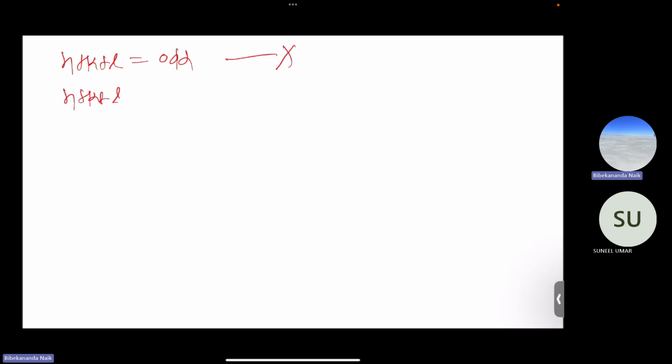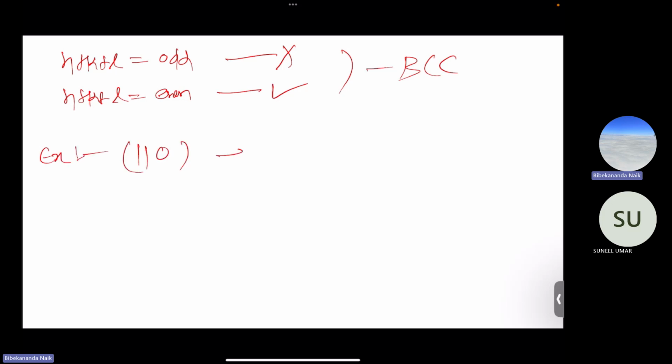For h plus k plus l even, there will be peaks, and this is for body centered cubic. For example, for 110 the sum is even, 1 plus 1 is 2, so it will show you the Bragg peak. But for the 100 plane the sum is odd, so it won't show you the Bragg peak. Now you get it?